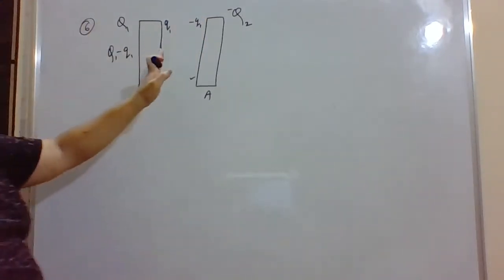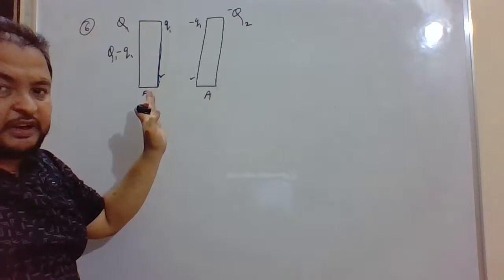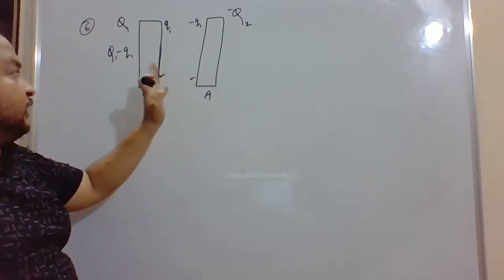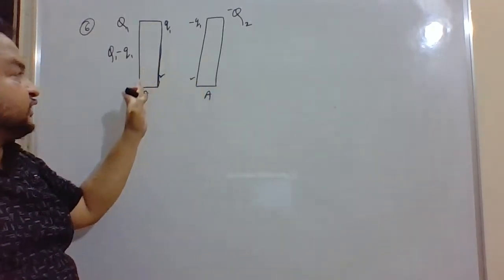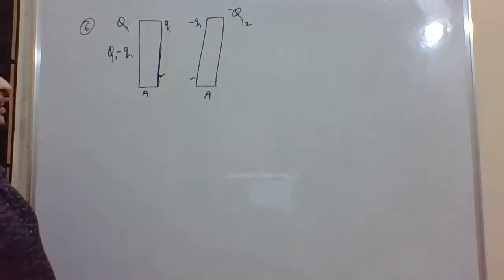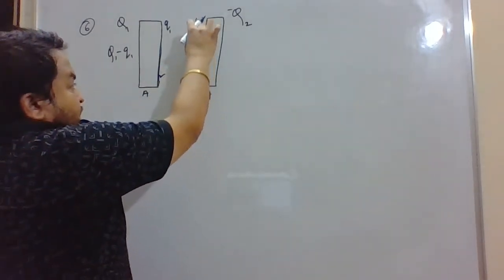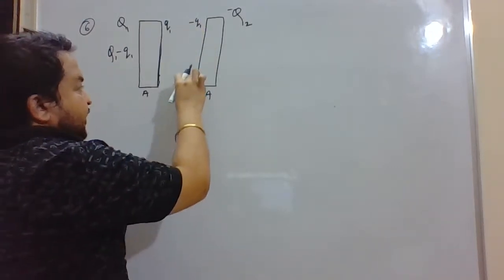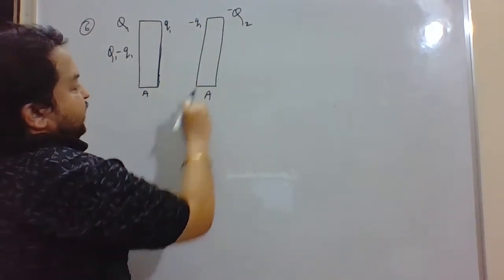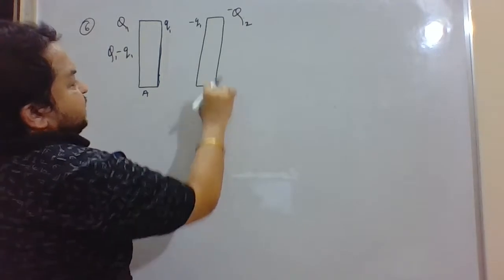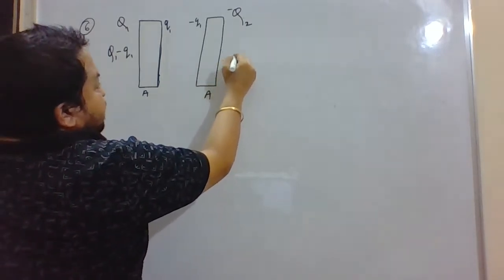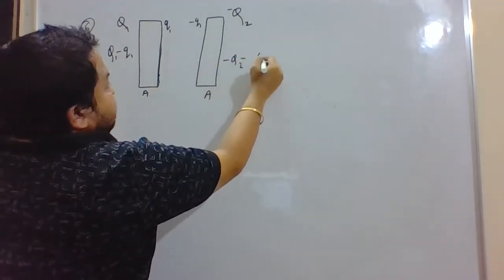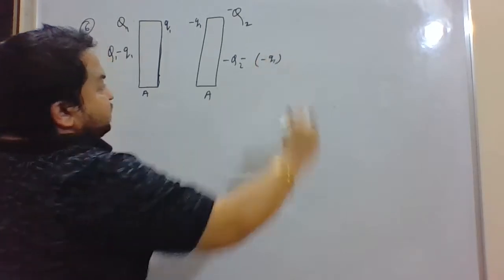Because when two metallic plates are placed close to each other, the induced charge is equal and opposite in nature. So the charge appearing on this side of this negative plate would be minus q1. If the charge here is minus q1, what would be the charge here? It will be nothing but minus Q2 minus q1.